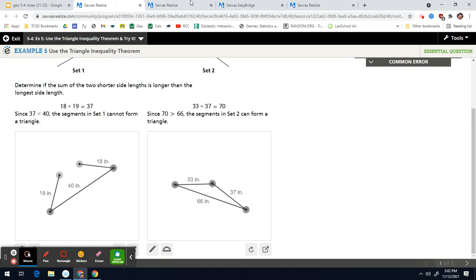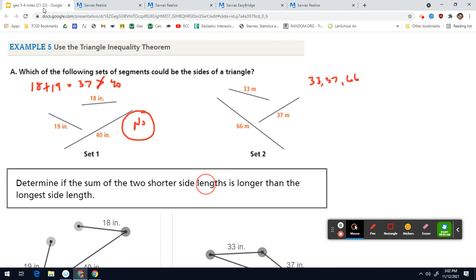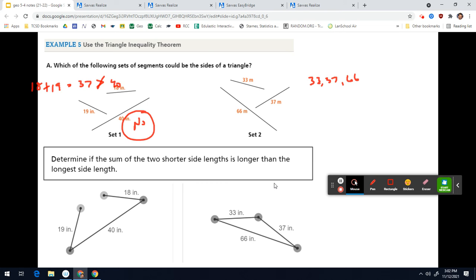So if you compare the sum of the two shorter sides to the longer, 33 plus 37 is 70, and 70 is bigger than 66, and you're good. So this would be a triangle, yes.